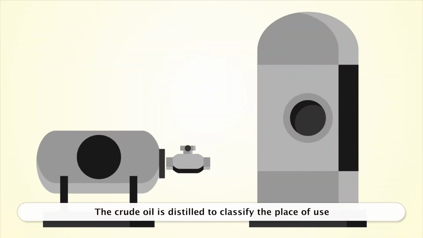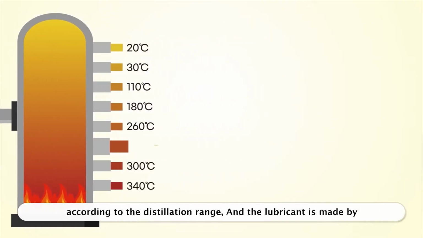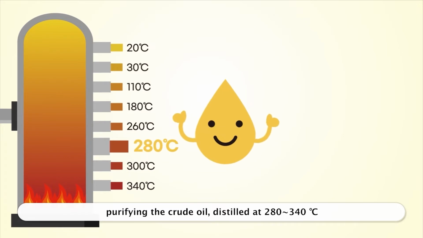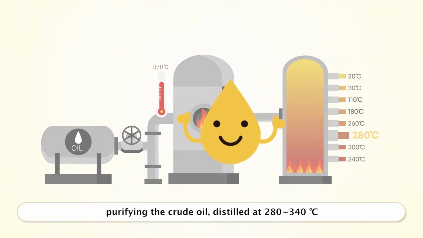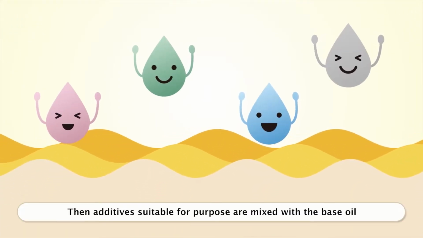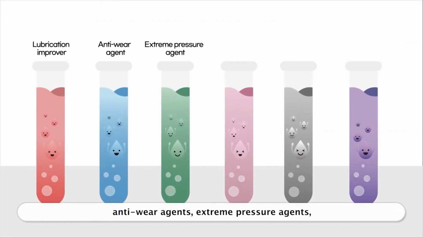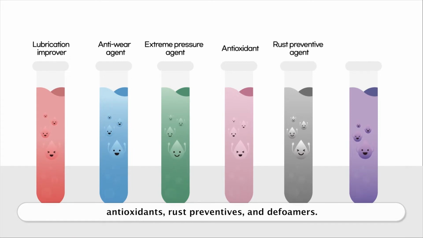The crude oil is distilled to classify the place of use according to the distillation range, and the lubricant is made by purifying the crude oil distilled at 280 to 340 degrees Celsius. Then additives suitable for the purpose are mixed with the base oil. There are numerous types of additives, such as lubrication enhancers, anti-wear agents, extreme pressure agents, antioxidants, rust preventives, and defoamers.